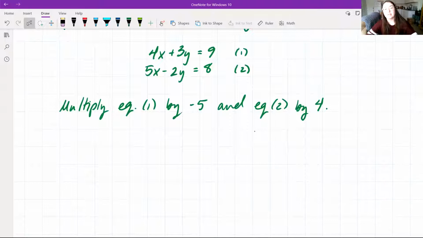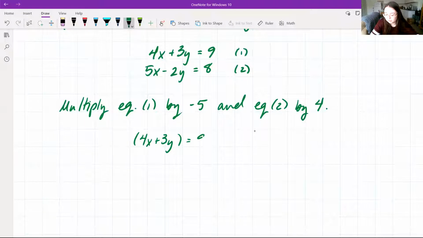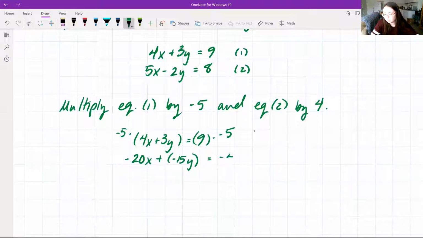And this is going to give us opposite coefficients for x. So 4x plus 3y equal to 9. Multiply each one by -5. It's going to give us -20x plus -15y is equal to -45.